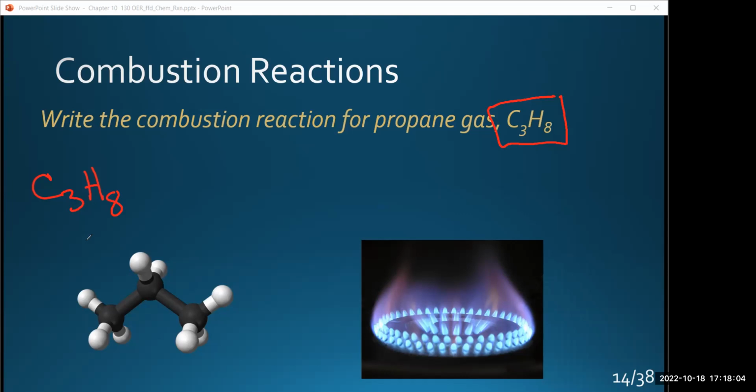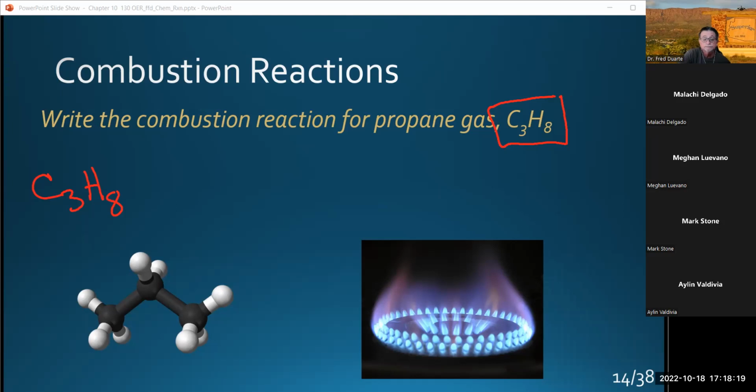What is one of the reactants necessary? Any ideas? If you want to burn some trash, what do you need to burn it? It could be anything. What is the one key ingredient necessary for any combustion reaction to occur? All right, we got an answer.